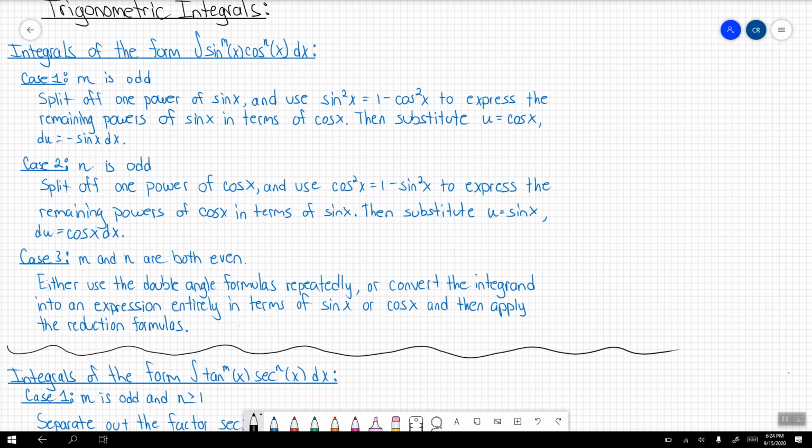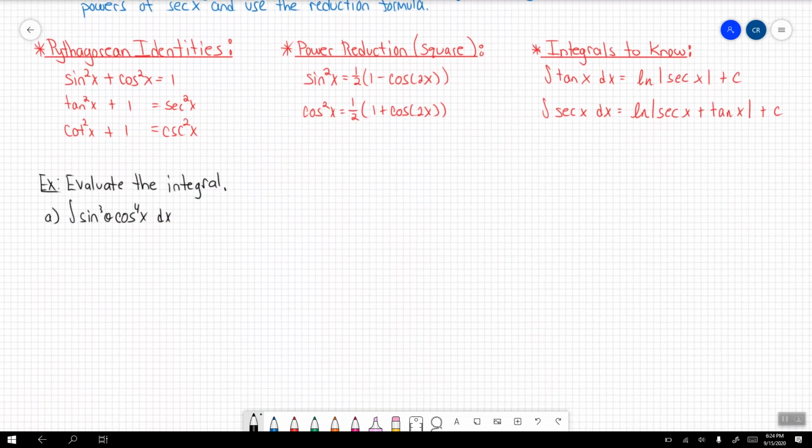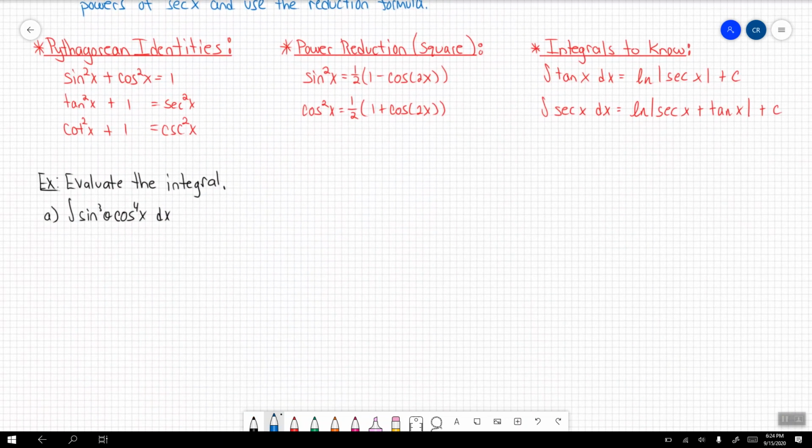Well, we have that sine is an odd power. So we're going to use case number 1. We're going to split off 1 power of sine of x, and then we're going to use that Pythagorean identity to make our replacement. So that's exactly what we're going to do here.